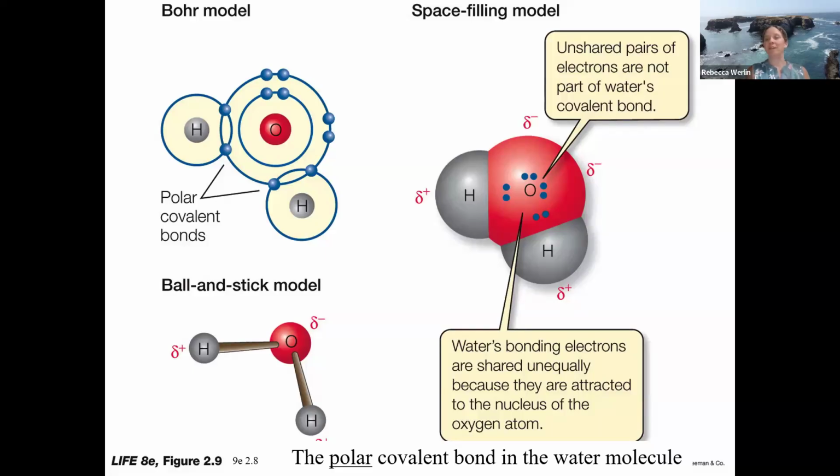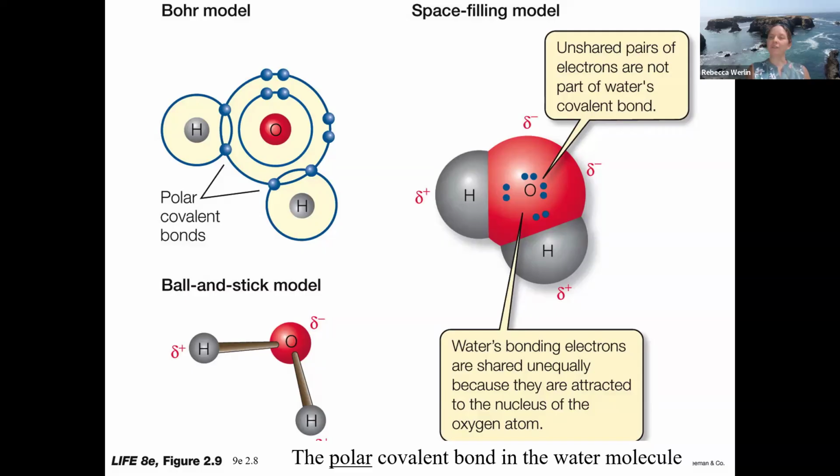And so you get something called polar covalent bonds. Polar covalent bonds, key word, is the unequal sharing of electron pairs. Covalent bonds, equal sharing of electron pairs. Polar covalent bonds, the unequal sharing of electron pairs.